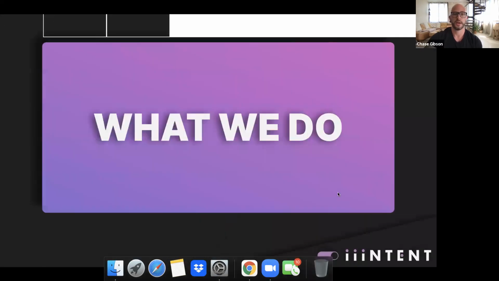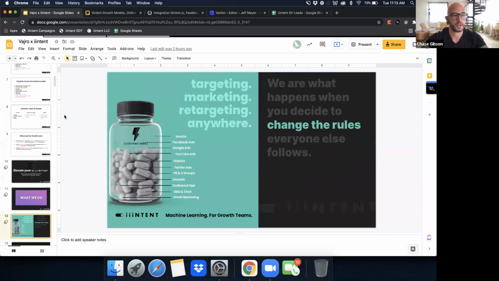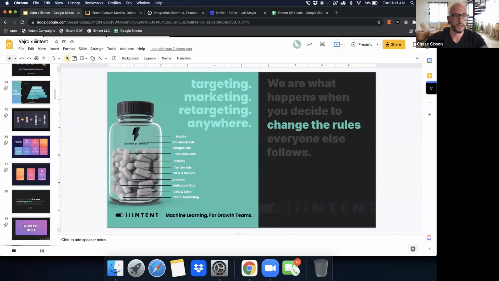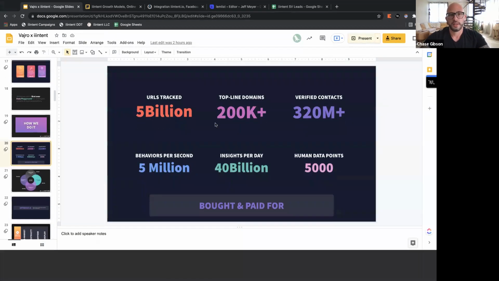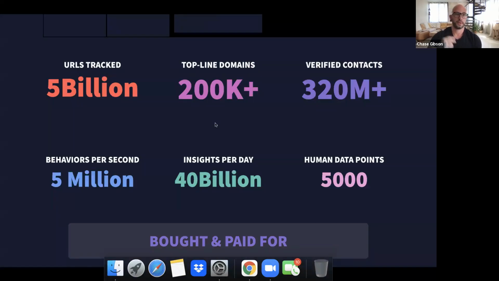And so the first step of how you would implement something like this is using what we call our site visitor pixel. So our site visitor pixel, and let me just pull this up here, is a pixel just like the Facebook pixel that you would put on your website. And what it allows you to do is, instead of relying solely on Facebook's pixel or solely on Google's tracking or whatever it is, we actually are able to resolve the identity of people coming to your site.